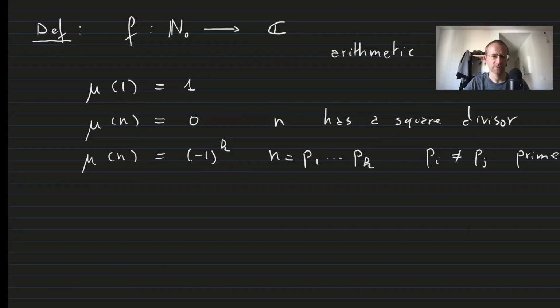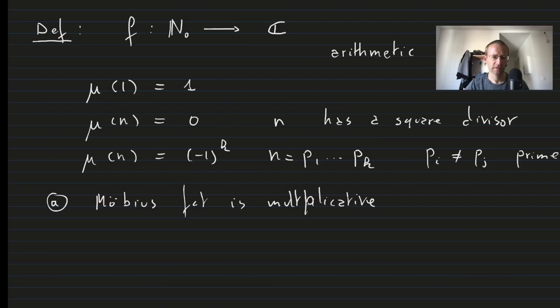But before we do that, we're going to prove that the Möbius function is multiplicative. Multiplicative means that if we take mu of m times n, where m and n are co-prime, then this is equal to mu of m times mu of n.